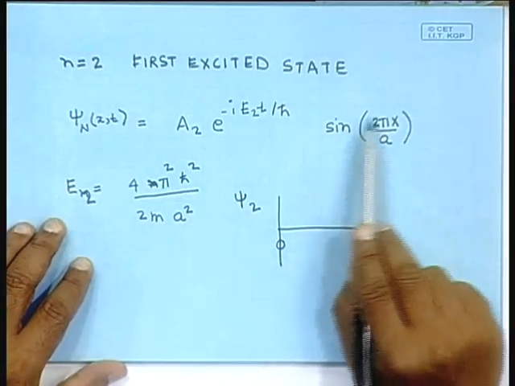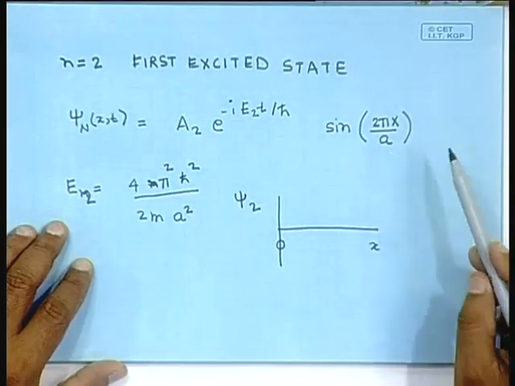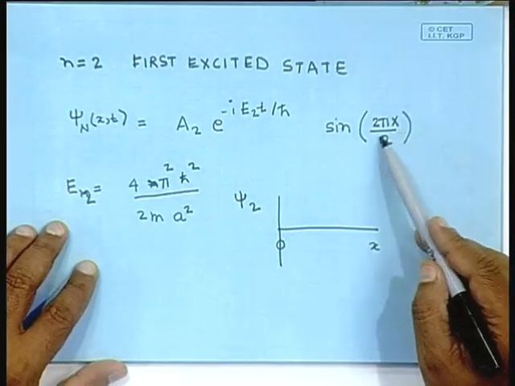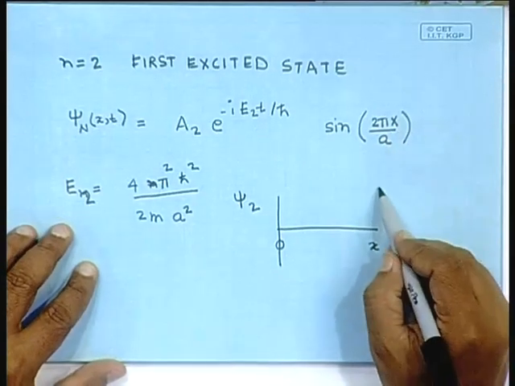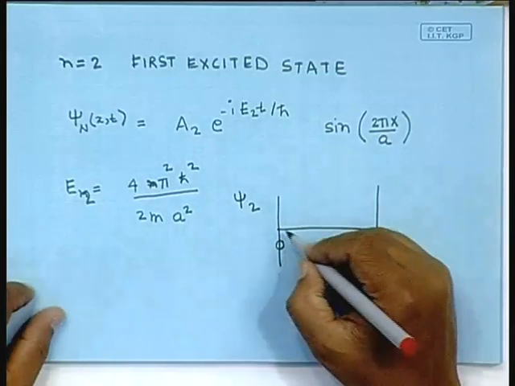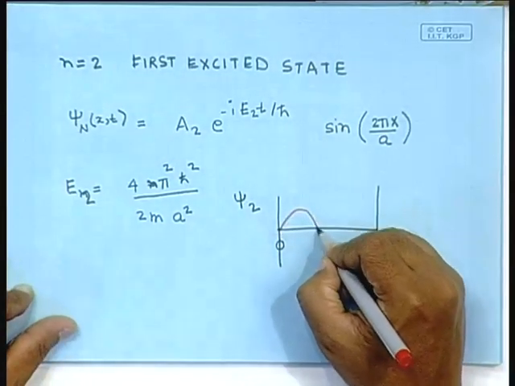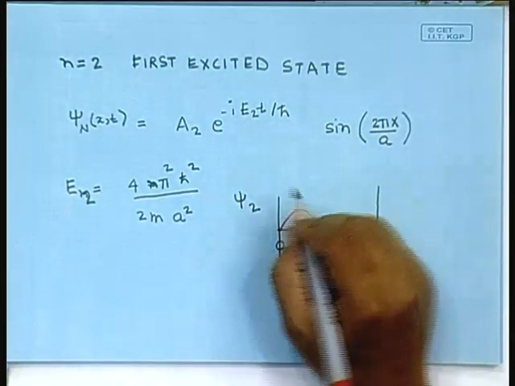So this is a sine wave whose period is exactly equal to a. At x equal to 0, the argument is 0, at x equal to a, the argument is 2 pi. So the argument of the wave function goes from 0 to 2 pi, so the wave function does one full oscillation. So this is n equal to 2.